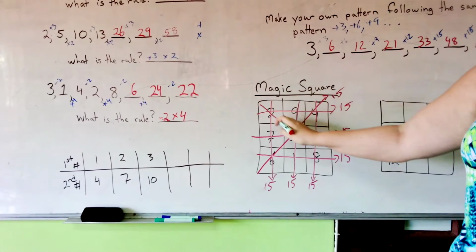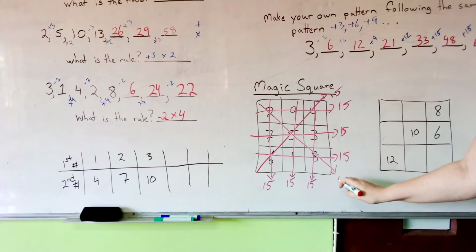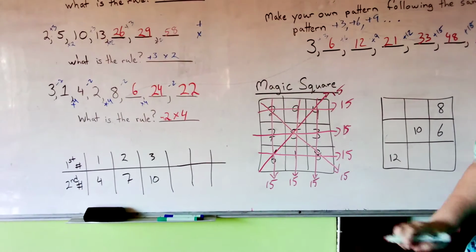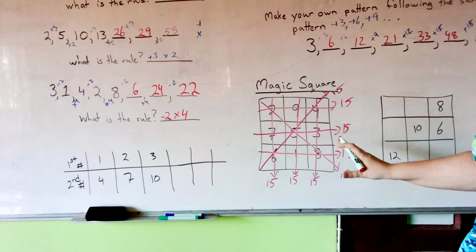And finally, 2 plus 5 plus 8 is 15. See all of those connections? There are so many of them, okay?